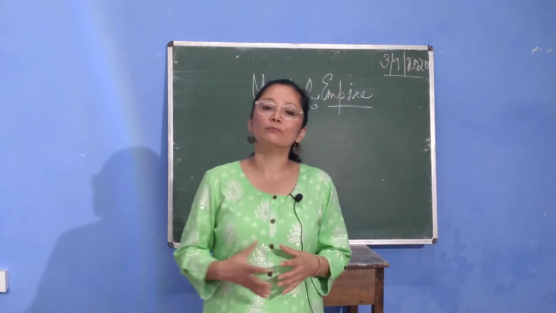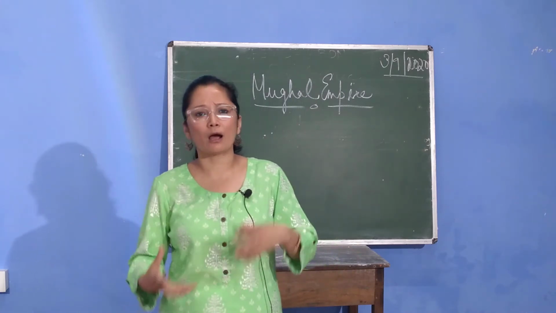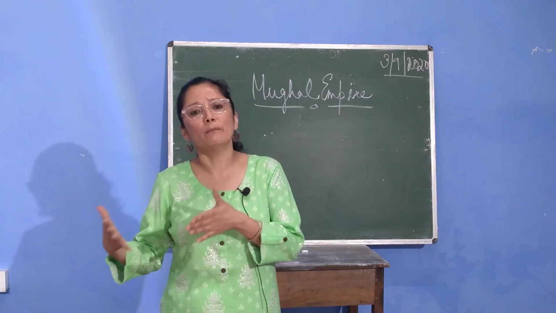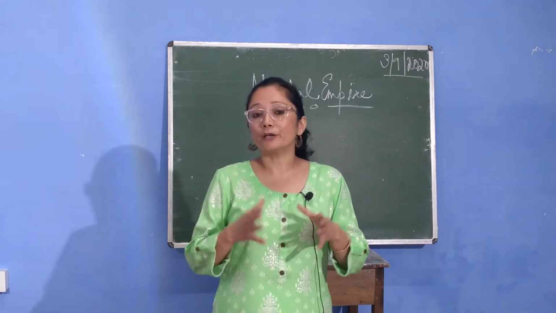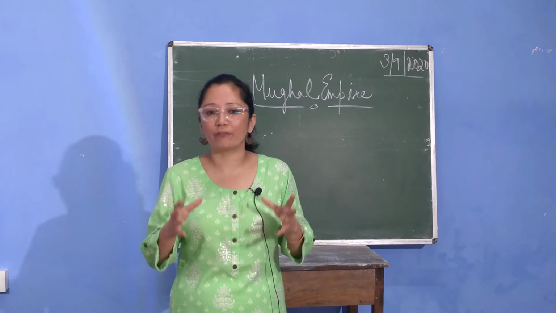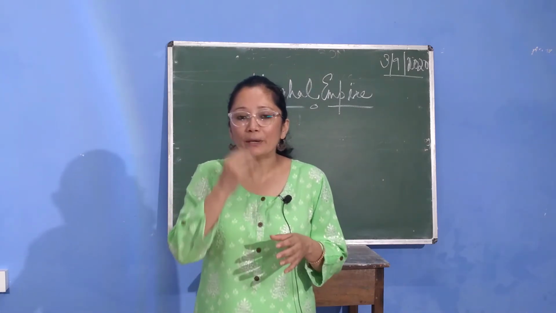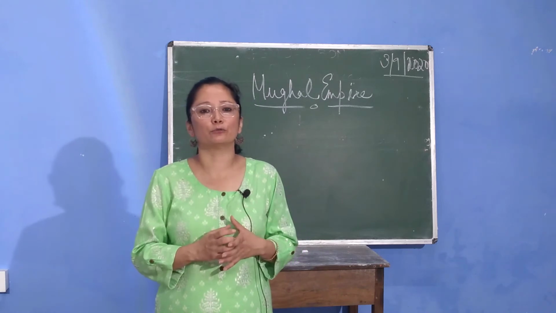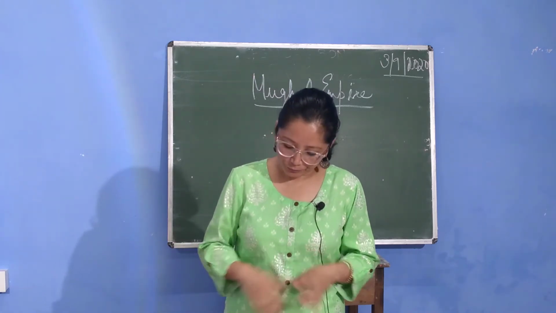Out of all the Mughal emperors, Babur, Jahangir, Humayun, Shah Jahan, Aurangzeb, there are so many emperors. But the one emperor under whom the administration flourished, and one emperor whose name we can blurt out instantly with eyes closed, is Akbar the Great.